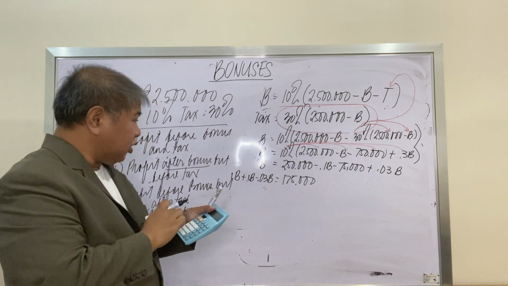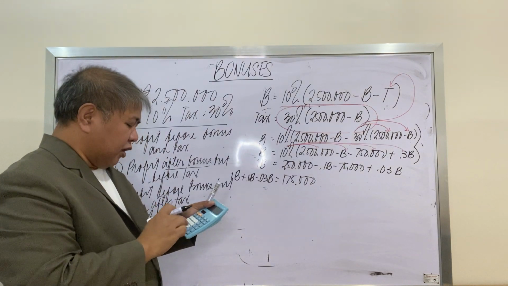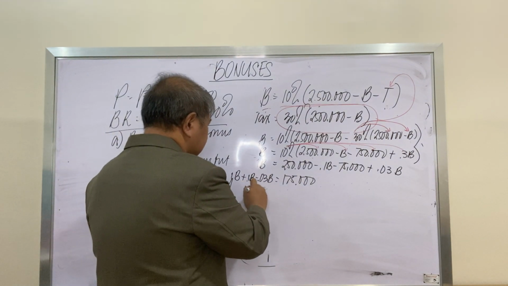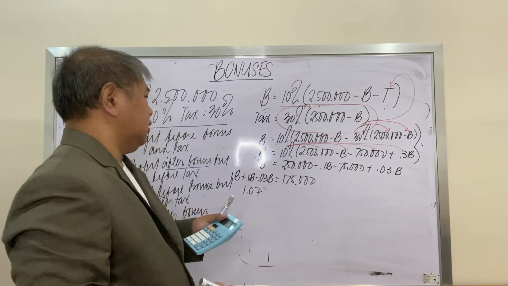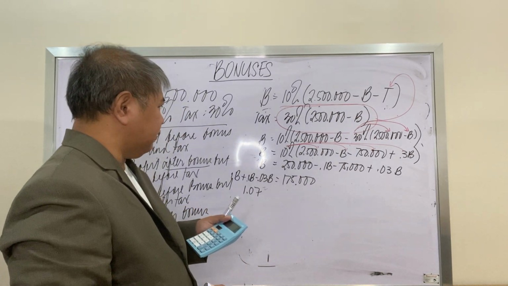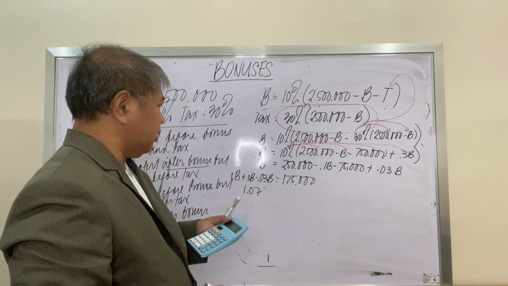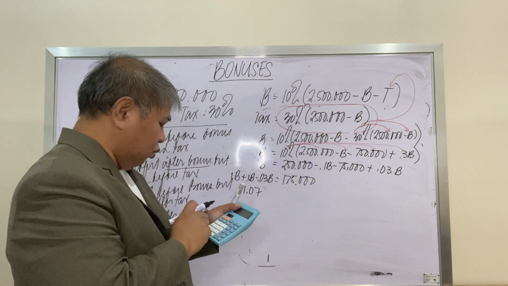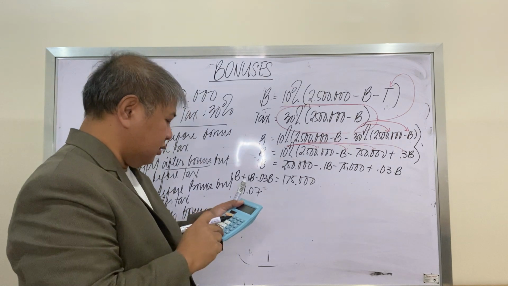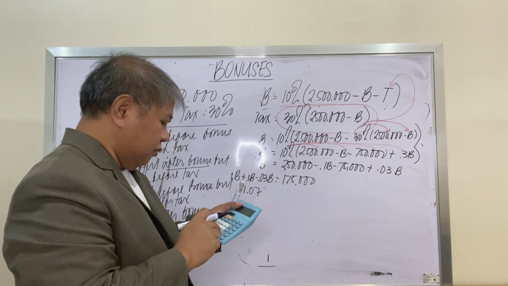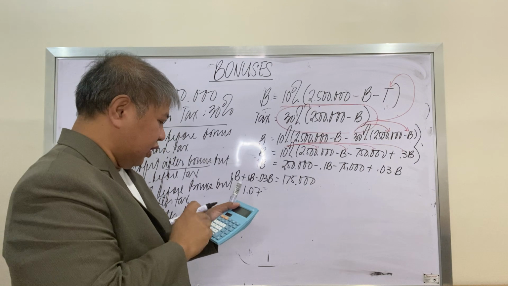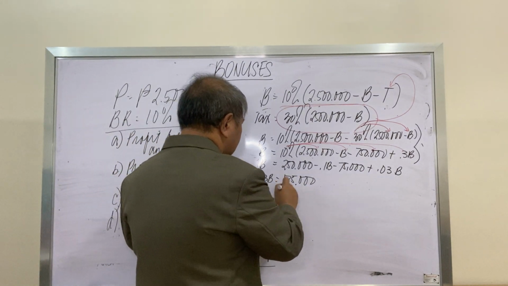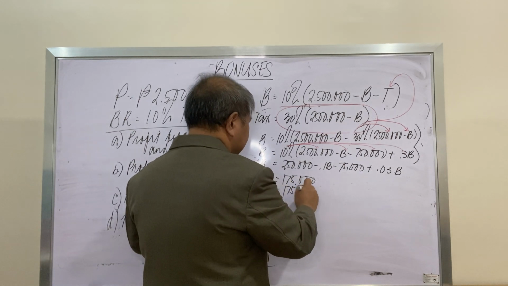Okay, so therefore, that's going to be 1 plus 0.1 minus 0.03, that would be 1.07. Am I right? Okay, negative, and then positive, and then, okay. So that would be 1 plus 0.1 minus 0.03. 1.07 B is equal to 175,000.